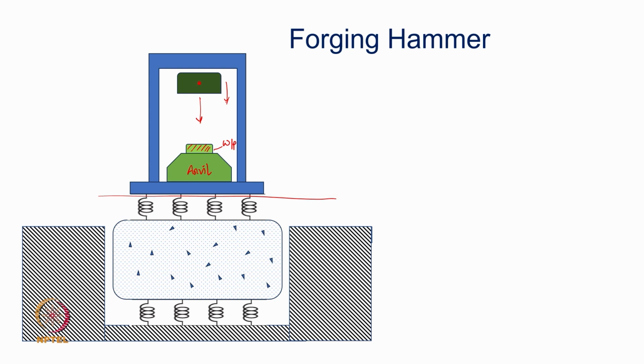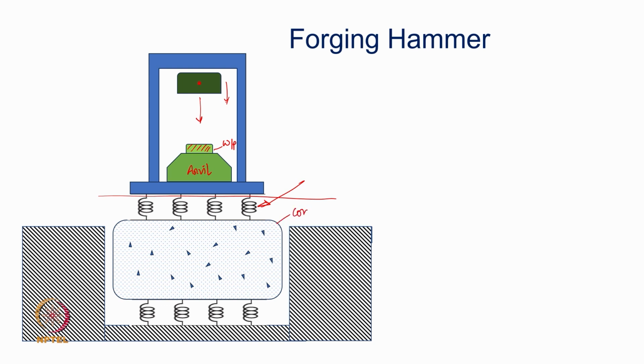Now, to make sure that this hammer process or forging process does not disturb the nearby places, you have one line of defense first here, that the hammer itself is isolated. For a good design, it is put on a concrete bed.